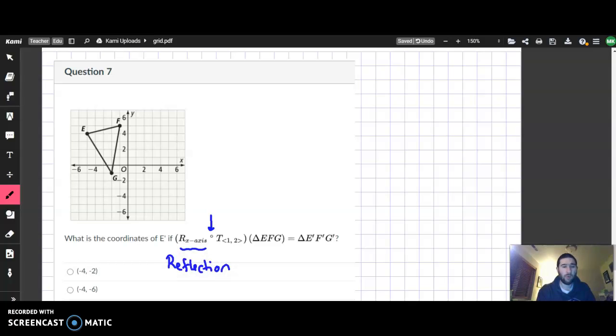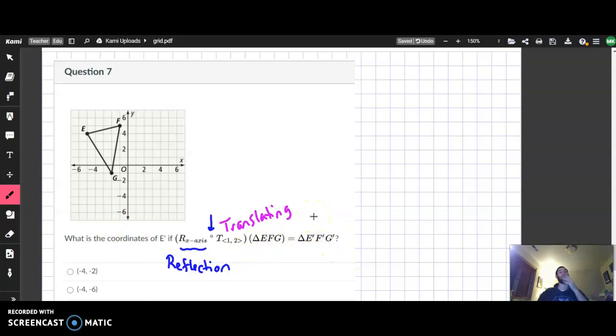And if you didn't already guess, we're reflecting over the x-axis as it's labeled, and then we're translating by 1 on x and 2 on y to get from our pre-image to our image.